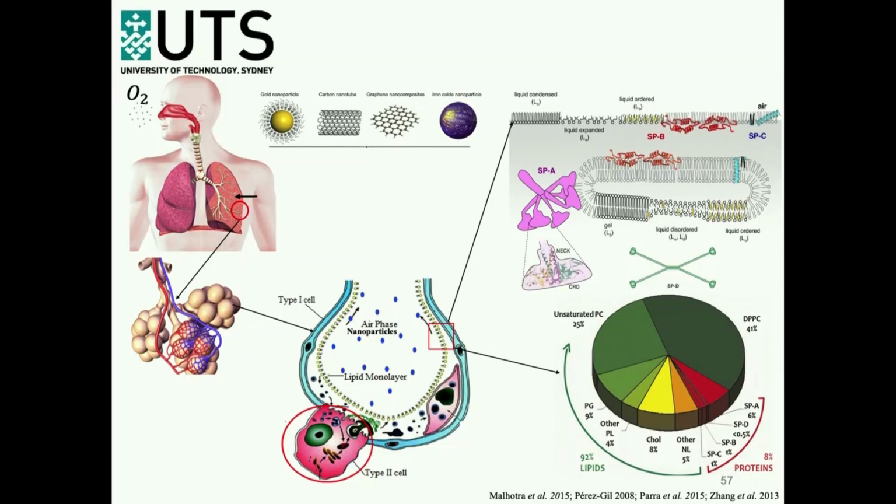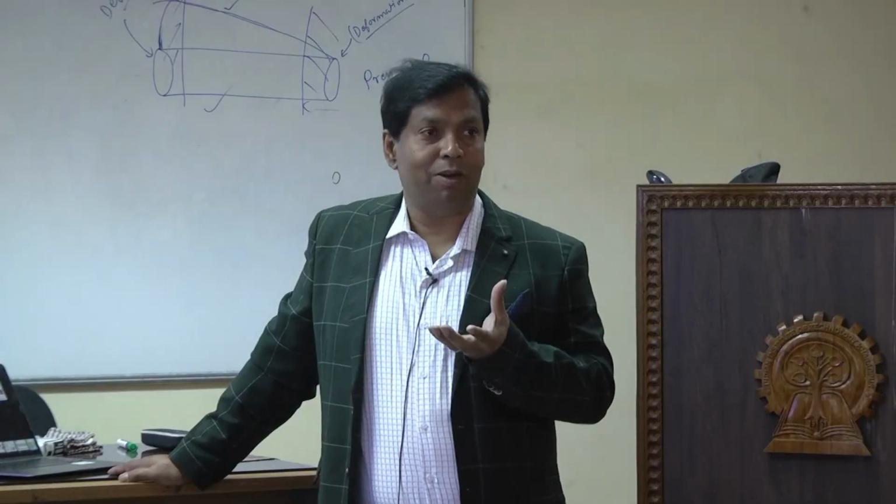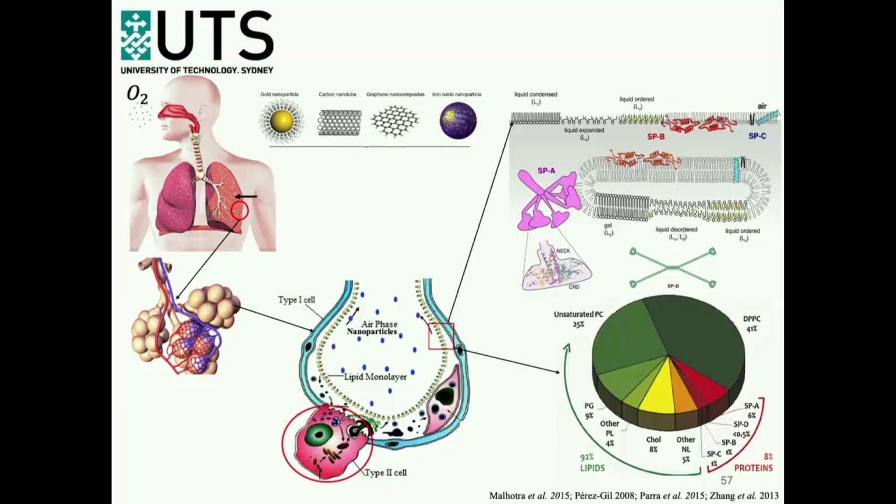Now this surfactant has a very big impact, especially when the baby is born, when the baby grows up in mom's tummy. The last part of their body to grow is the lung surfactant. Lung surfactant starts to grow after 27 weeks.